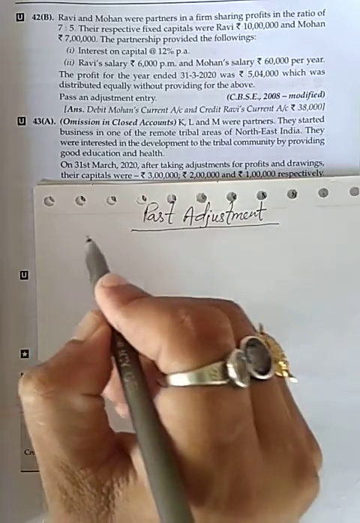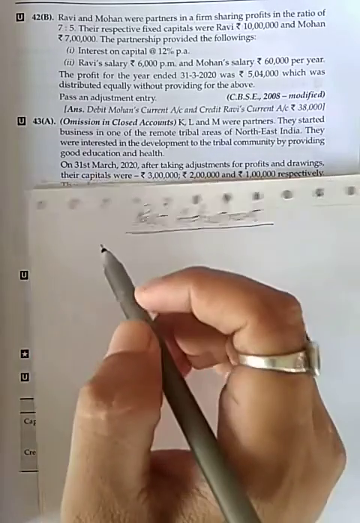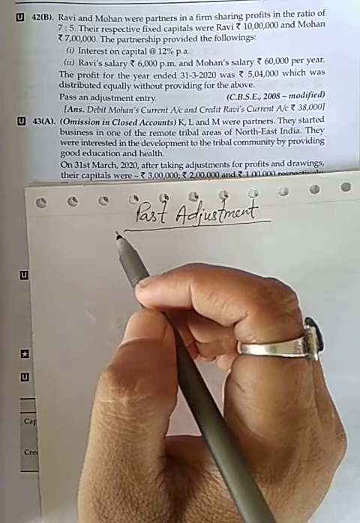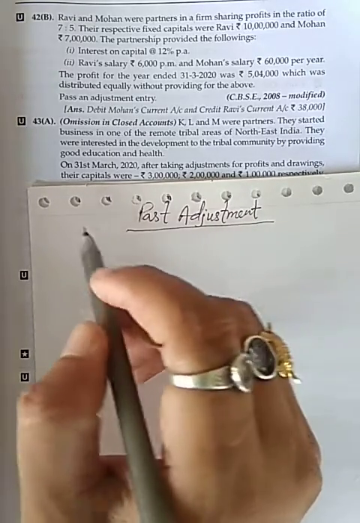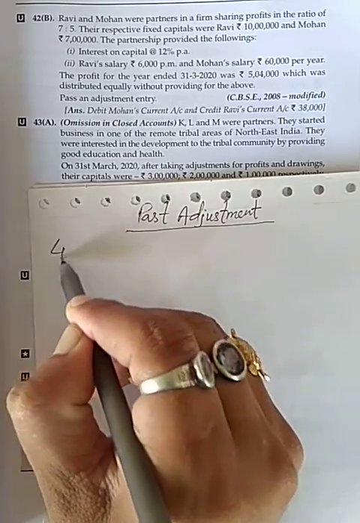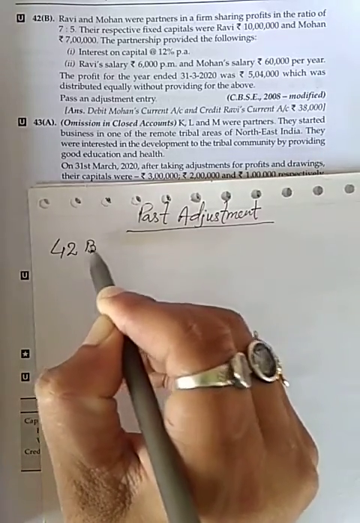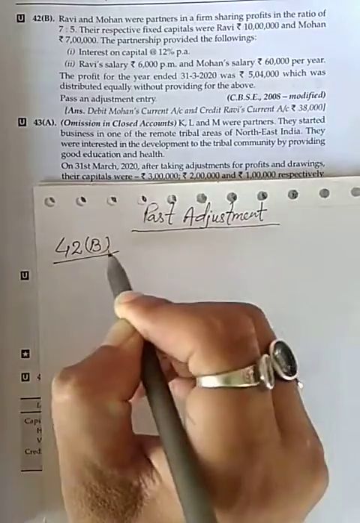Now I am going to solve question number 40b, 42b based on past adjustment. So let us see what will be the solution of question number 42b.